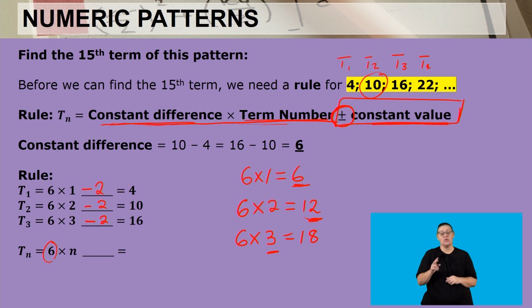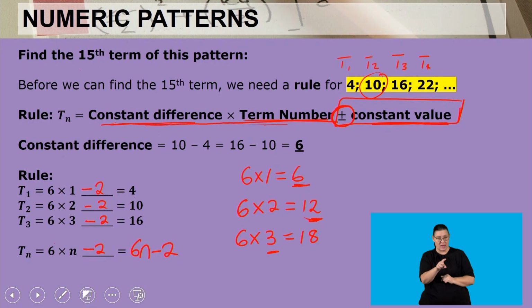But we saw that we are constantly subtracting by 2. So that is going to give us, of course, what is 6 multiplied by n? That is 6n, and of course we are going to subtract that 2. And that is our rule. 6 multiplied by any term number that we are working with, and then we subtract that 2.